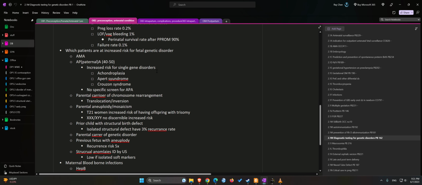So, which patients are at increased risk for fetal genetic disorder?